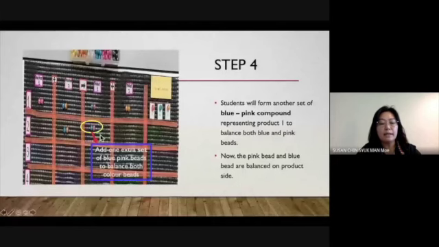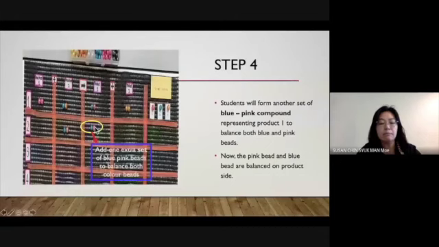Once they add in another set of blue and pink, let's look at the overall picture again. We have 2 pink bits in our reactants, and also a total of 2 pink bits in our products. So the pink color is balanced. Now look at the blue color. We have a total of 2 blue bits in our reactants, and 2 blue bits in our products.